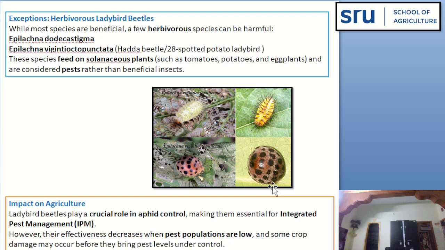These species feed on solanaceous plants and are considered pests rather than beneficial insects. See, all the ladybird beetles are not beneficial. Some are harmful pests on the solanaceous plants.